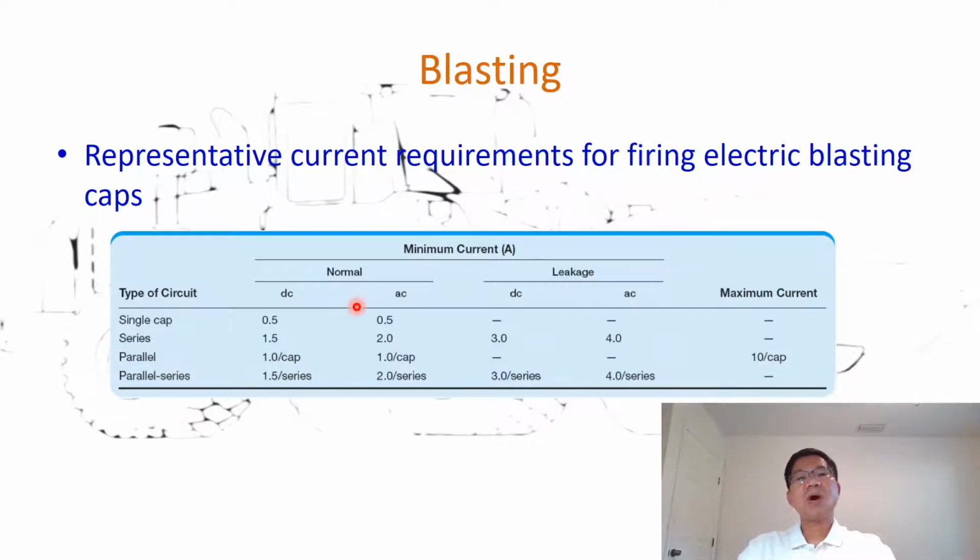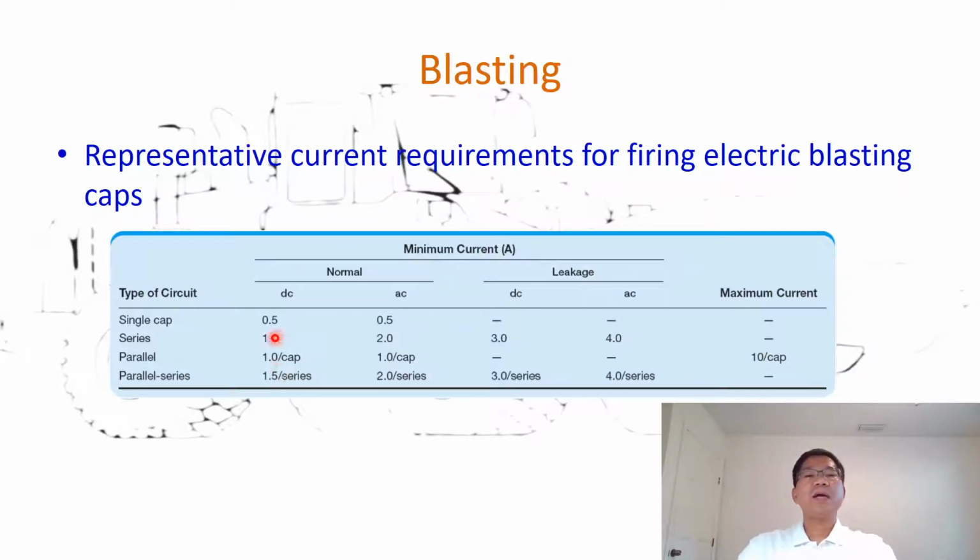And it depends on the condition: normal condition, which means no leakage, and if there is leakage, if the circuit has some leakage. And then it depends on the power source. DC stands for direct current, so it's only one way, and then AC is alternating current, where the current can change direction, just like the light here. The battery is direct current, DC.